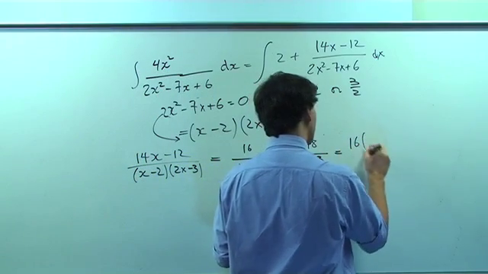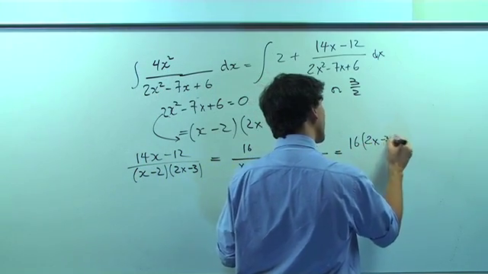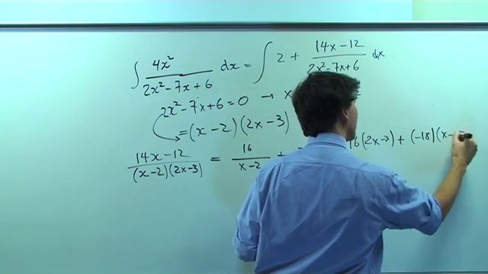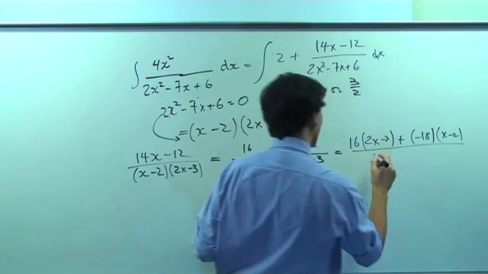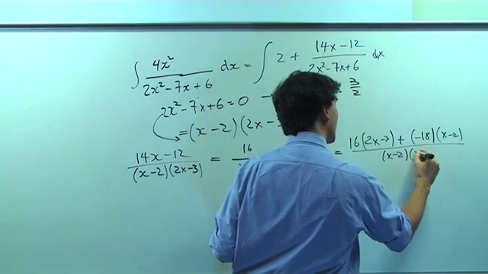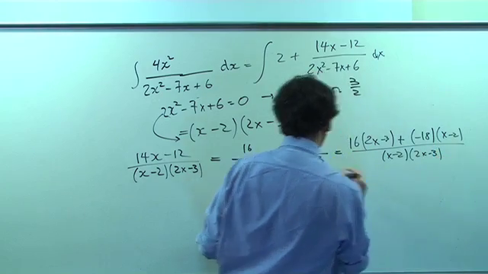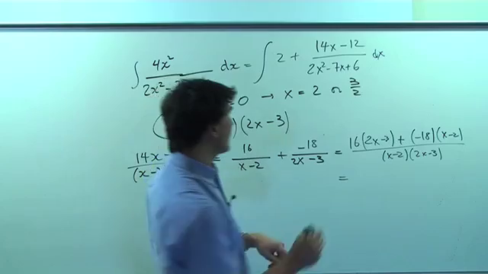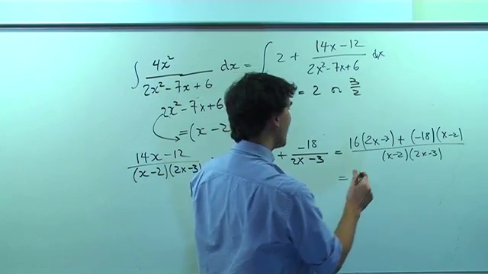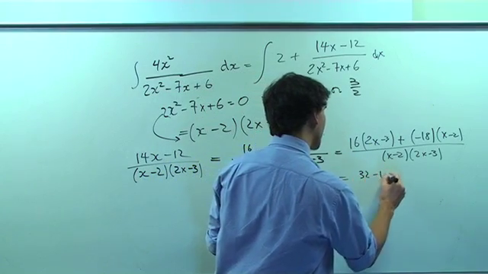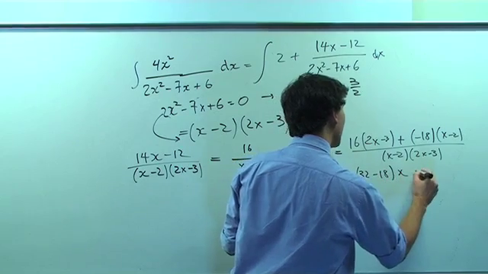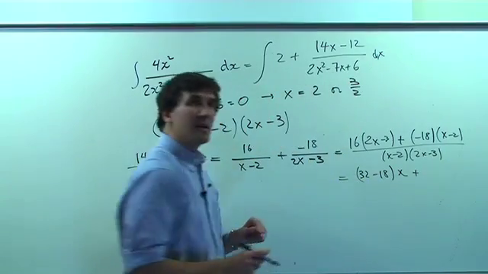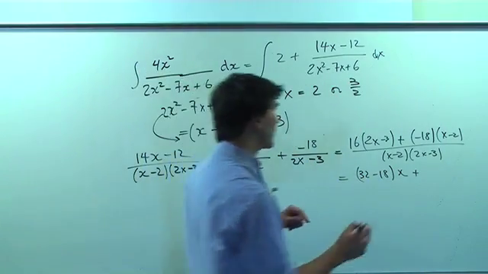So it is 16 times 2x minus 3 plus, then it is minus 18 times x minus 2, all divided by x minus 2 times 2x minus 3. So how many x's do we have? We've got 16 times 2, so it is 32 minus 18 x's, and then we've got minus 3 times 16, which is minus 48.